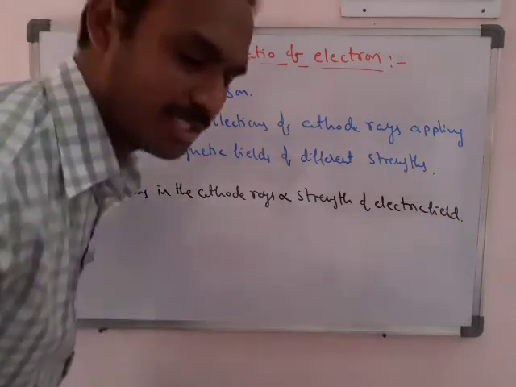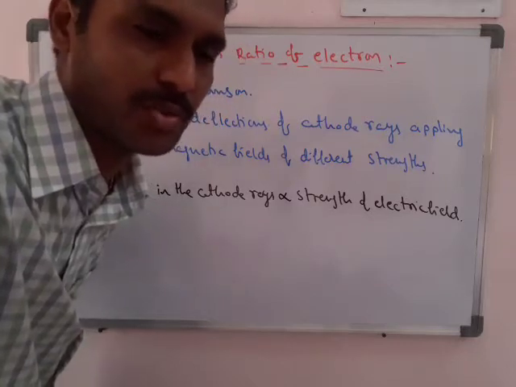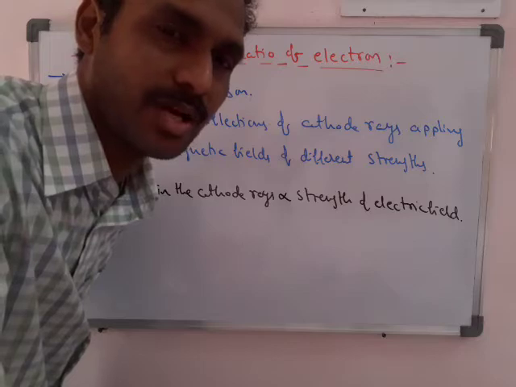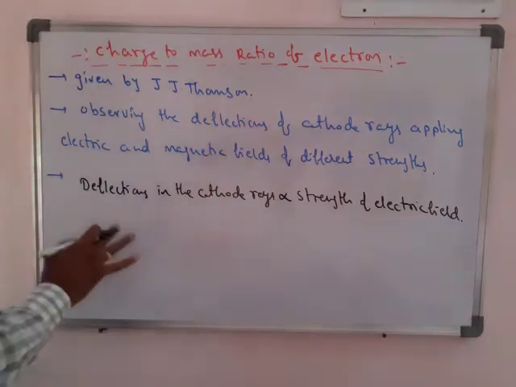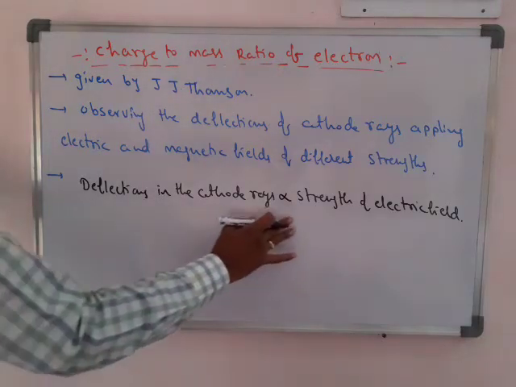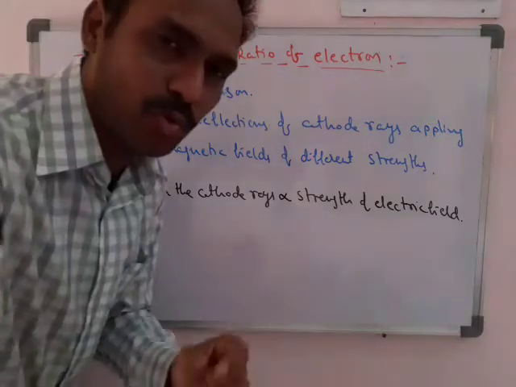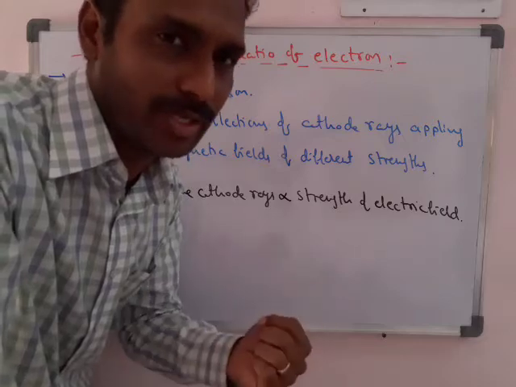We already discussed this in the discovery of the electron. These observations were exactly given by Thomson after this experiment. He concluded that the deflections in the cathode rays are directly proportional to the strength of the electric field. If we apply more voltage, there are more deflections; if we apply less voltage, there are fewer deflections.